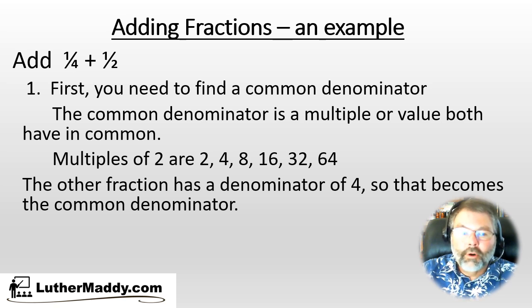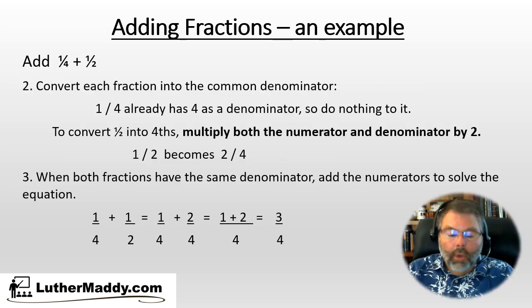So we're going to convert each of these fractions into the common denominator. Okay, we determined that the common denominator is going to be 4. So we have to convert each of the fractions into the denominator of 4. Well, 1/4 is already there, so we do nothing with it. But in order to convert 1/2 into fourths, we have to multiply both the denominator and the numerator by 2.